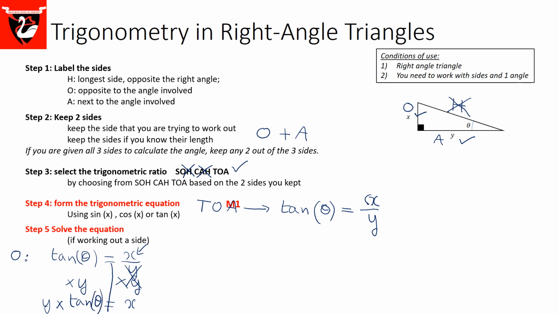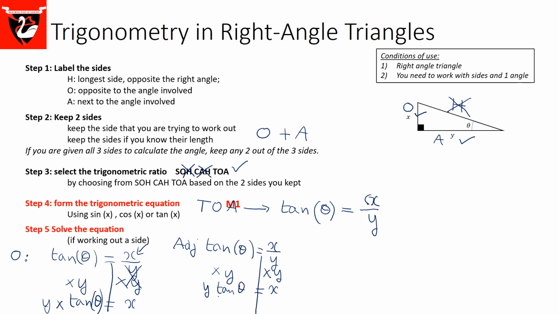If you are asked to find y instead, your rearranging would just be a little bit trickier. If you wanted to find the adjacent side, then you would start from the same equation, the one that gets you your first mark, tan of theta equals x over y, and you also have an equation to solve here. The problem is that y is a denominator. So you're going to start by multiplying both sides by y, which means you now have on the right hand side just x, and on the left hand side y tan theta.